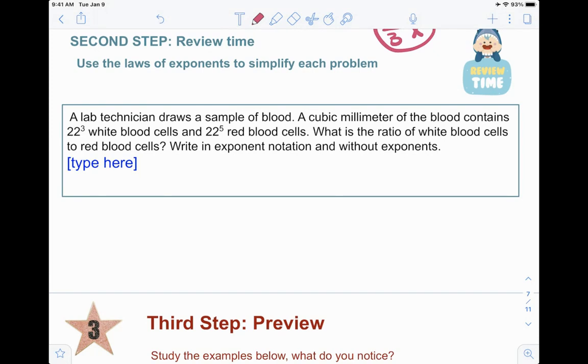Okay, so we need to write a ratio, and the ratio is white blood cells to red blood cells. So the first thing I'm going to do is write my ratio in words. Okay, so we're comparing white blood cells and red blood cells.